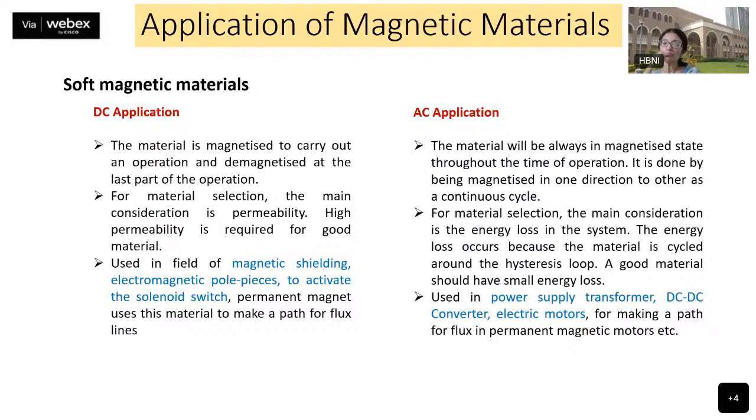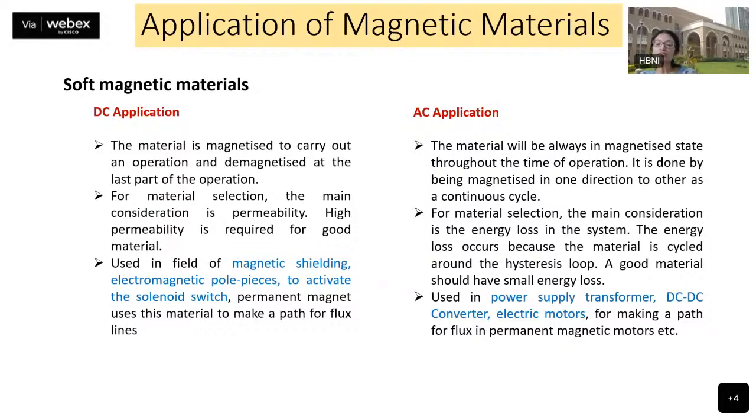As you know, whenever the MH curve, the hysteresis loop, is occurring, essentially there is an energy loss. So whenever you are looking for a good material for AC application, you have to see that this loss is minimal. Obviously the coercivity has to be less, so you need to look into some material where the HC value is very, very low.